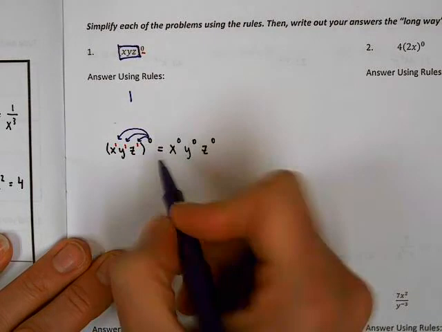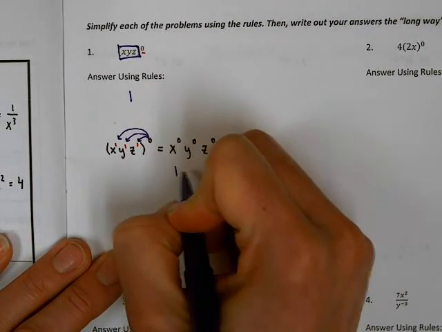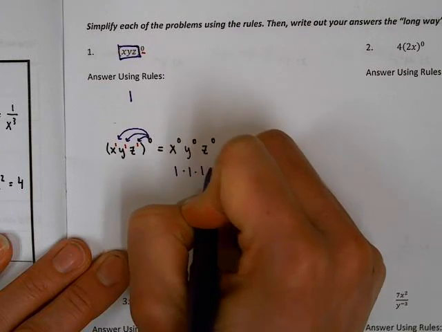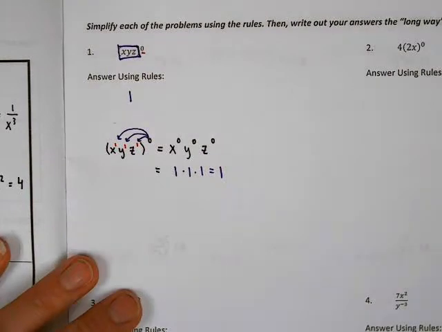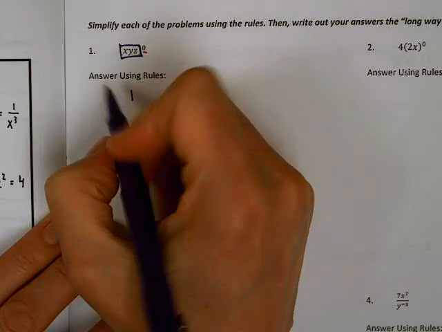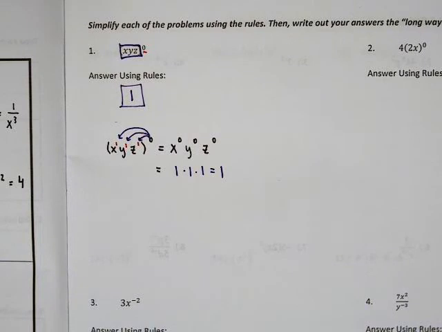Now we know that any base to the 0 power is 1, so I would have 1 times 1 times 1, which is equal to 1. So again, however way your brain sees it is fine, but we just need to know the final answer would give us a value of 1.